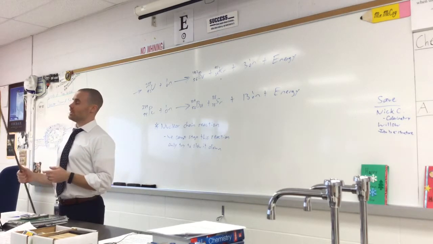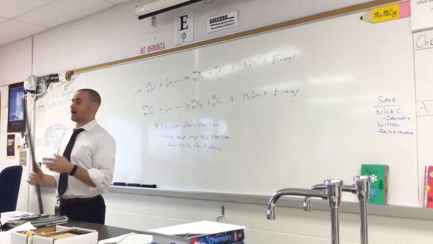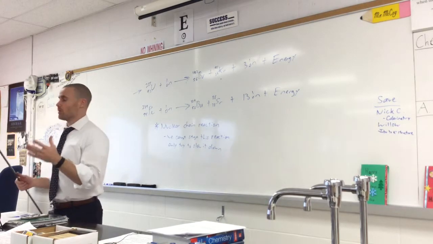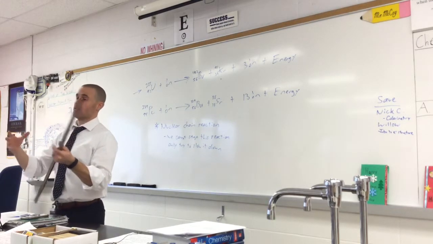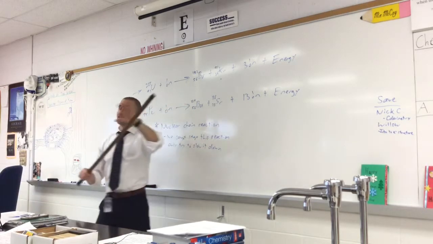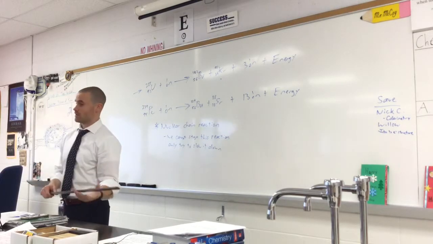So actually GE in Schenectady, General Electric, you know the company? They are one of the best companies in the world for making turbines. And at the end of this reaction, you boil the water, that steam spins turbines. Turbines spin, creating charge. That creates electricity.